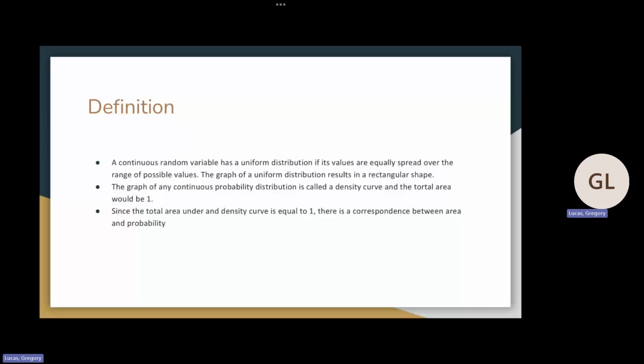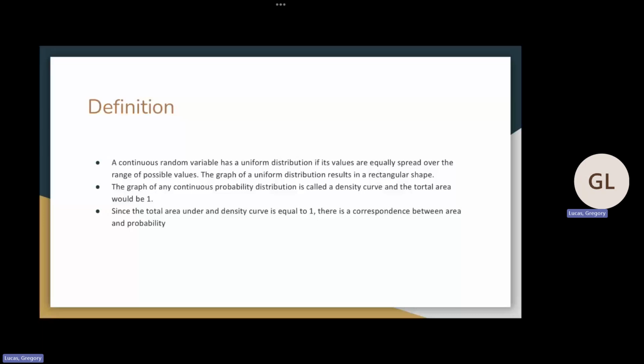The graph of any continuous probability distribution is called a density curve, and the total area would be 1. So under the curve, it's always equal to 1. So that's a good way to check things if we need to. And since the total area under any density curve is equal to 1, there's a correspondence between area and probability.